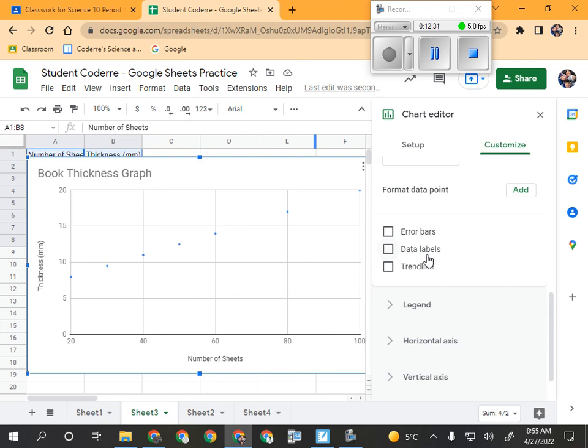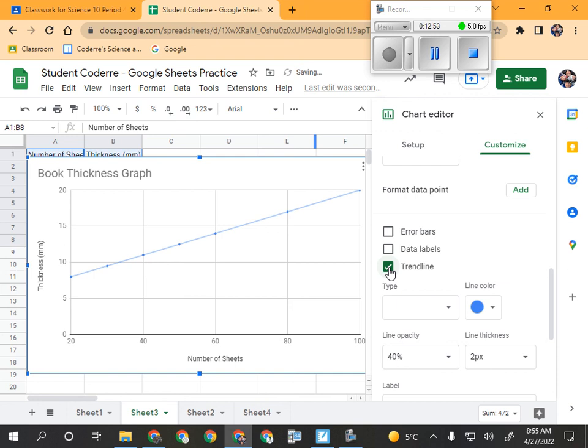What we're basically going to do is, instead of having to judge this and, in the old days, put a ruler on there and draw the line with your pencil, we're just going to ask Google Sheets to use its algorithm to draw a line that represents the average or the trend of the points. So we're just going to check the box that says trend line.